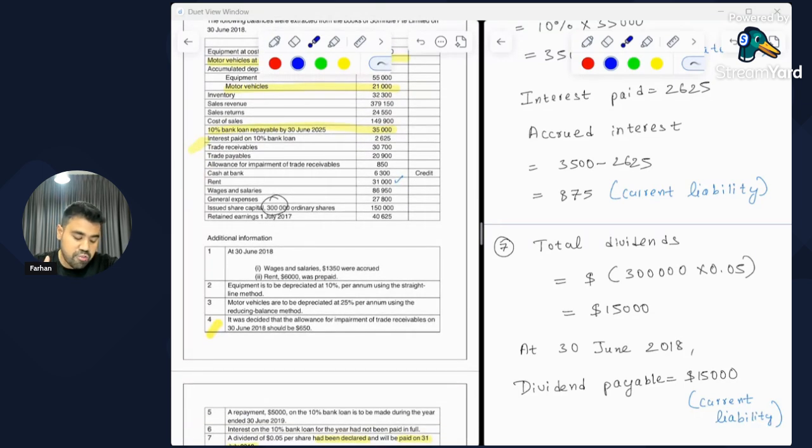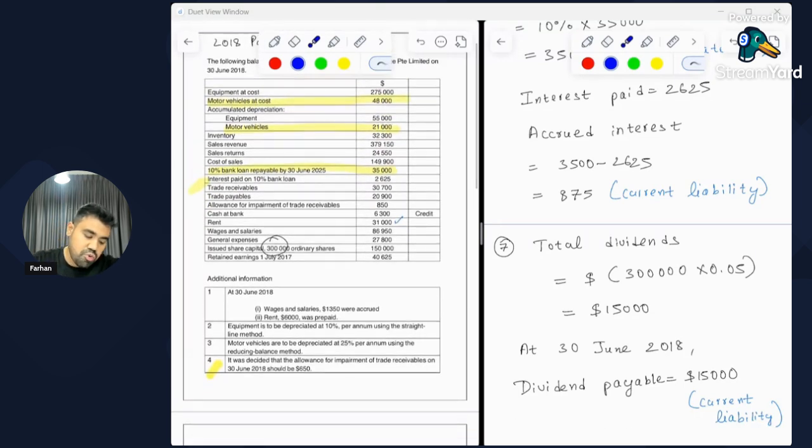Now, how many shares have we got in total? It's given in the trial balance, which you can see: issued share capital 300,000 ordinary shares. So altogether, we have got 300,000 shares. And if the dividend is 5 cents per share, then we simply multiply 300,000 by 0.05, which gives us $15,000 as the total dividends.